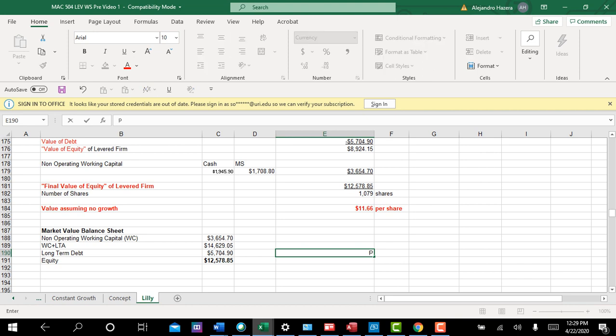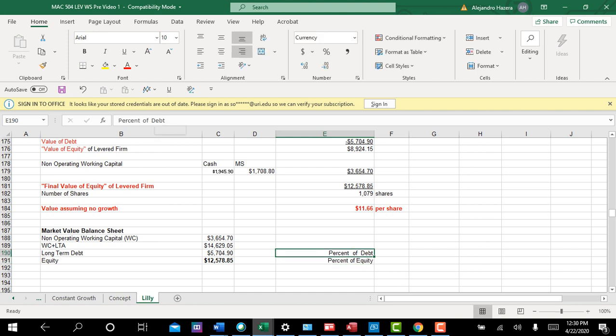One is percent of debt, and I would put percent of equity, and these are going to be very important to the weighted average cost of capital example.